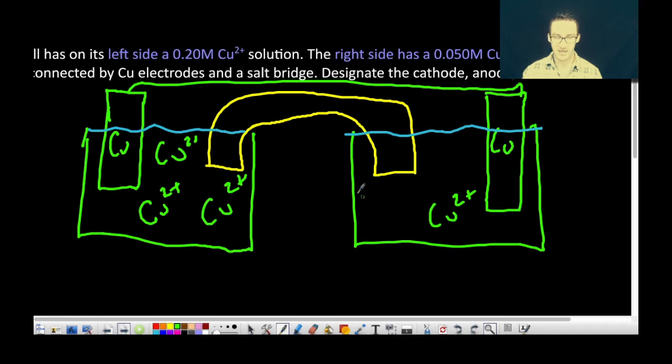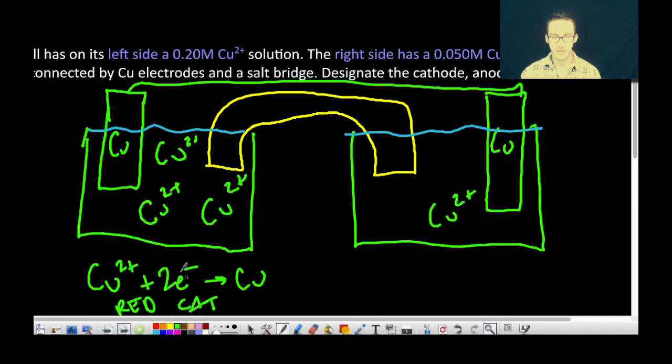that means that the copper electrode on the left-hand side is going to be reduced. In other words, our copper ions are going to gain electrons to form copper metal. And because we're being reduced over here, red cat, this is our cathode.